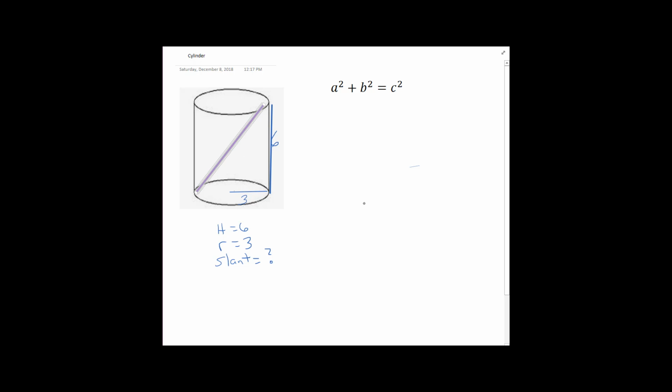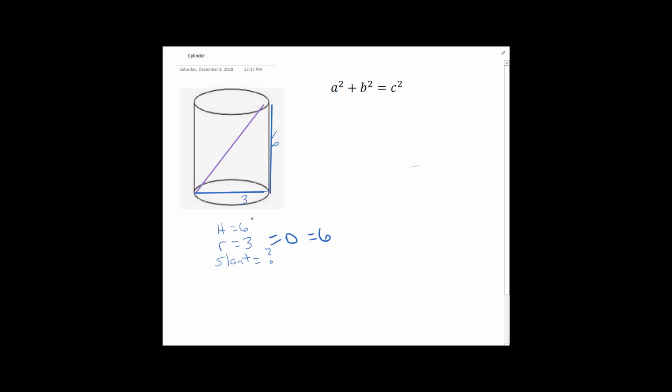Okay? So again, we have to do the same thing we did before. We know that our height is 6. They've given us a radius, which is 3. Now again, we need to find the total length all the way across, right? So if our radius is only 3, that's only halfway across the circle. So we need to double this radius, and we need the diameter, which is going to equal 6.